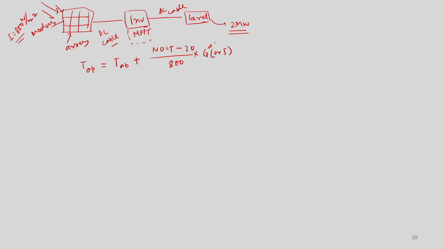This value is given as 800 watt per meter square. If we substitute 800 here, NOCT is 47 here, and T ambient is given as maybe 28 degrees Celsius. So, 28 plus (47 minus 20), because the 800s are the same, both cancel out. So, T operating will be 55 degree C.